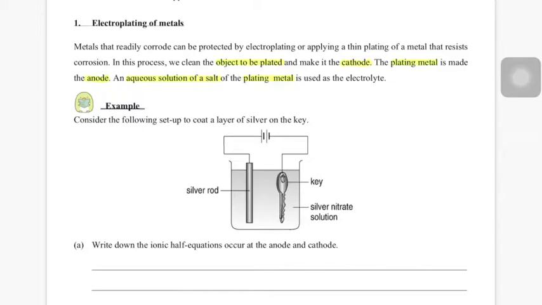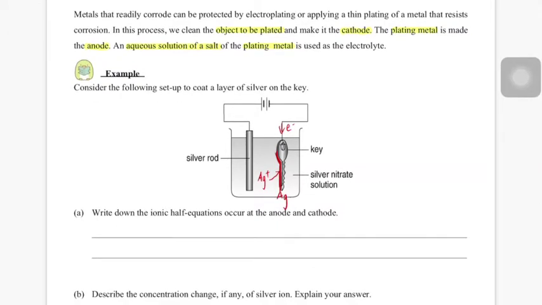What's going to happen in this setup is that the negative electrode will send electrons to the key. There are loads of silver ions in the electrolyte, so those silver ions will be attracted to the key, gain electrons, and place a layer of silver on the key. So that's what's going to happen.